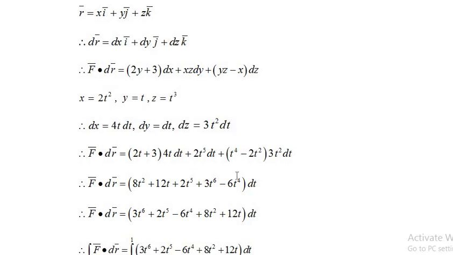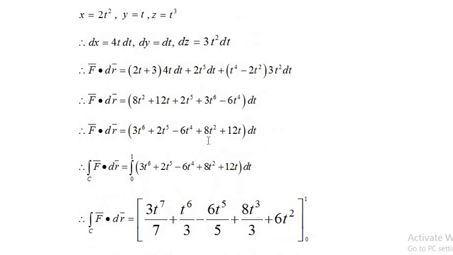Yz is t to the power 4 minus 2t square, and dz is 3t square dt. Therefore, let us simplify. Again, dt is outside. Then 8t square plus 12t plus 2t to the power 5 plus 3t to the power 6 minus 6t to the power 4 into dt.